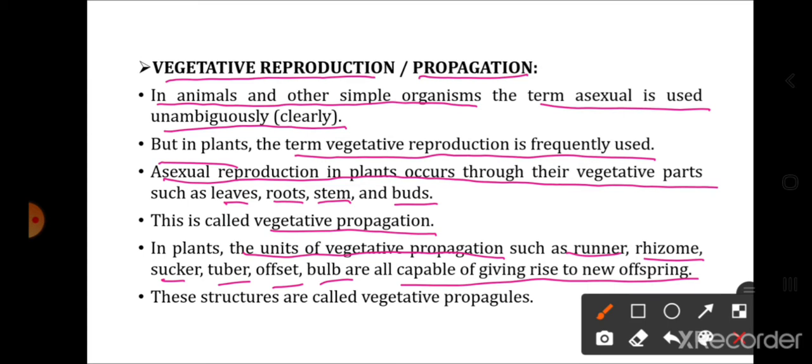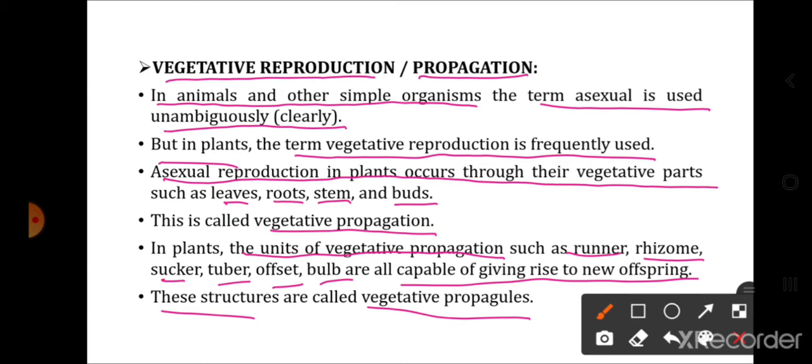These are the vegetative parts which are capable of giving rise to new offspring. And these structures are called the vegetative propagules. What are they called? They are called vegetative propagules.